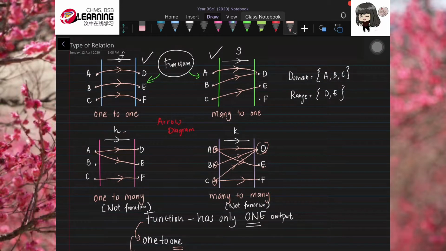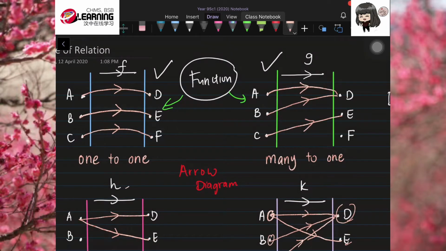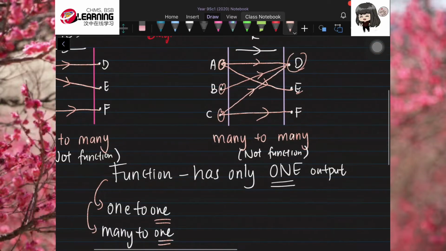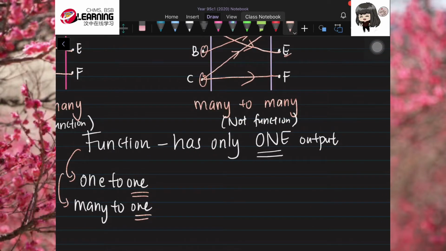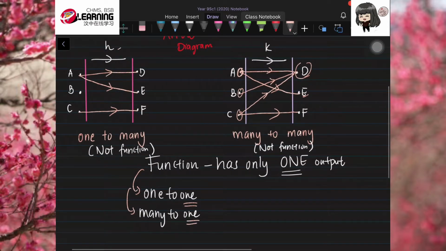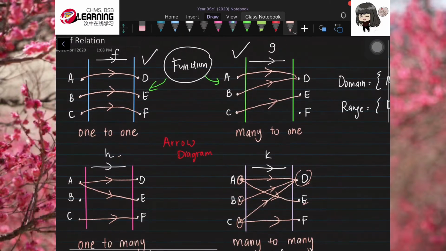There are 4 types of relation, but the ones called function are only two types, which are one-to-one and many-to-one, which have only one output. So many-to-many and one-to-many are not called function. They are only relations but not functions.